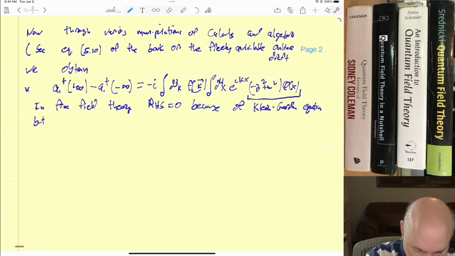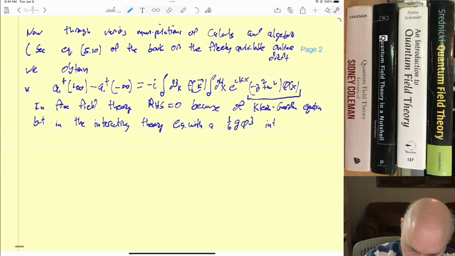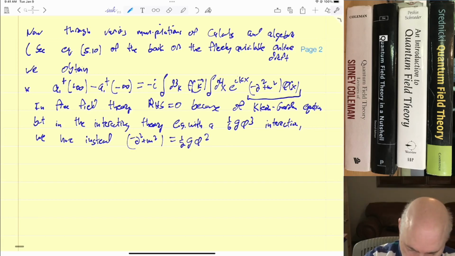But in the interacting theory, for example, with a 1/6 g phi cubed interaction, we have instead, just from your usual Lagrangian mechanics, a non-zero right-hand side.